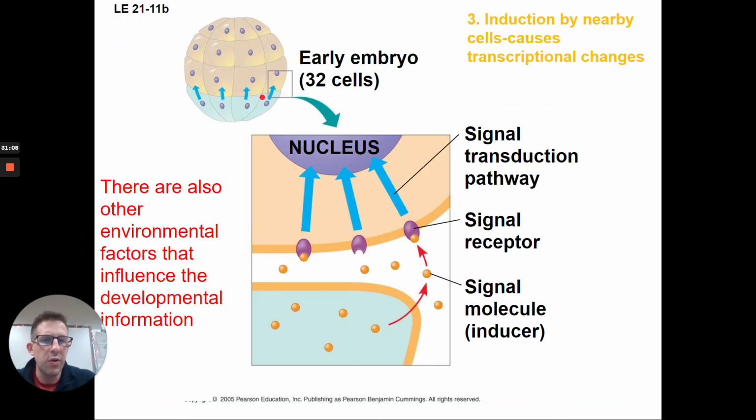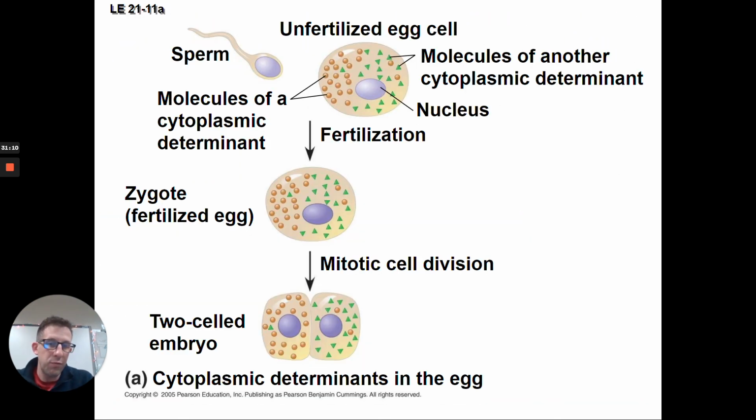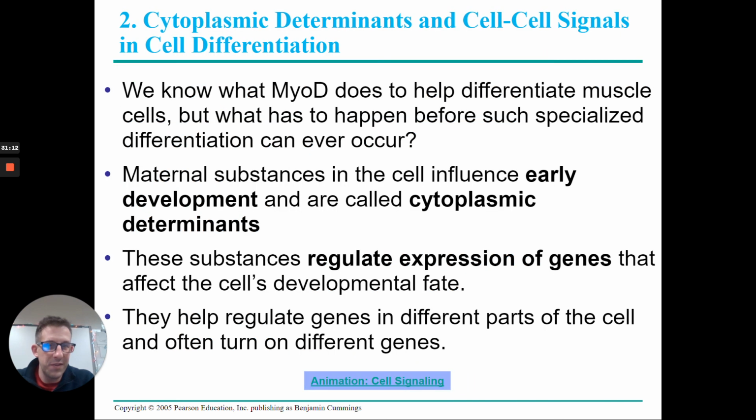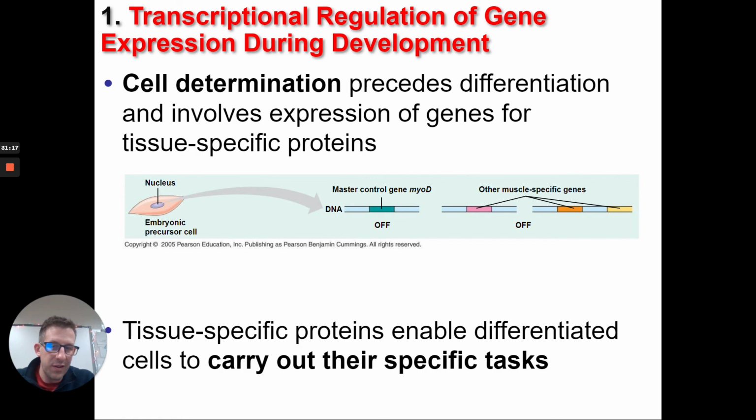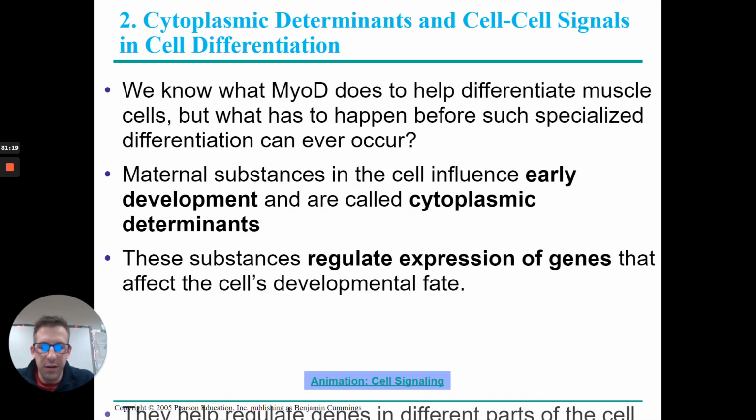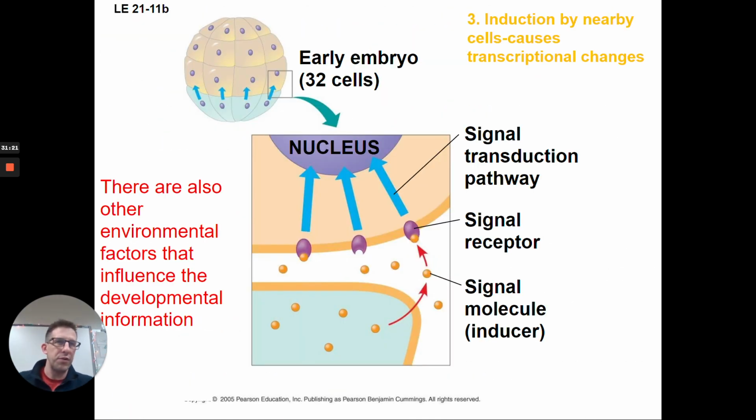Okay? So if you've noticed, we have really just scraped the surface of the development between zygote or early embryonic cell like you see here and ultimate final stage human being, right?